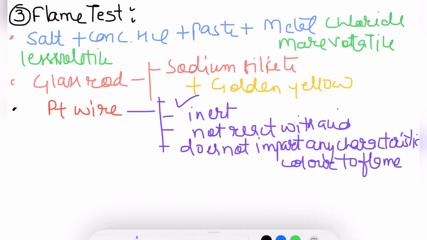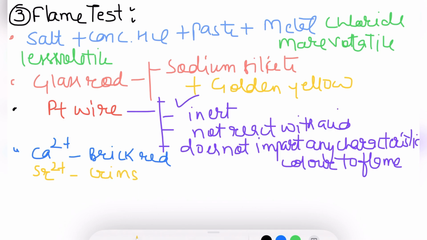Colors shown by various radicals. Brick red, calcium. Strontium, crimson red.